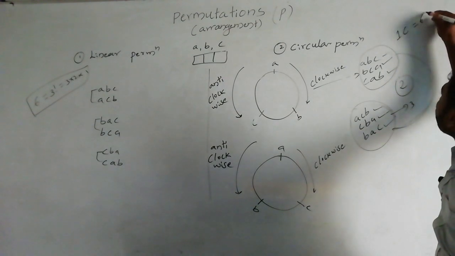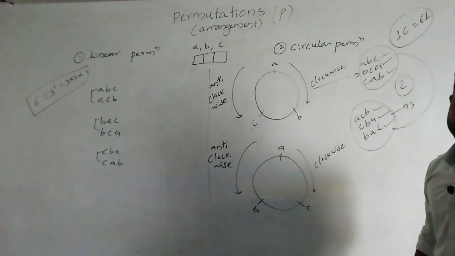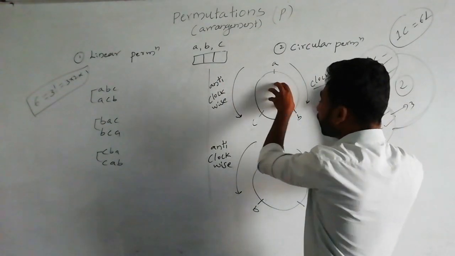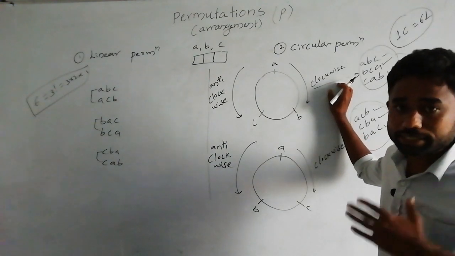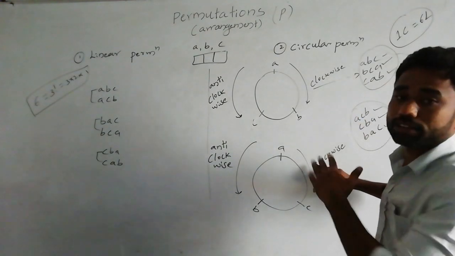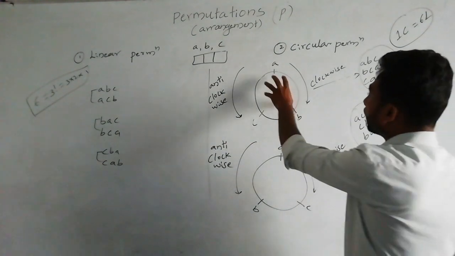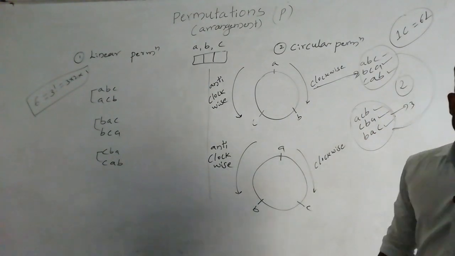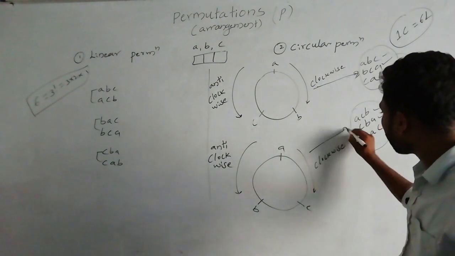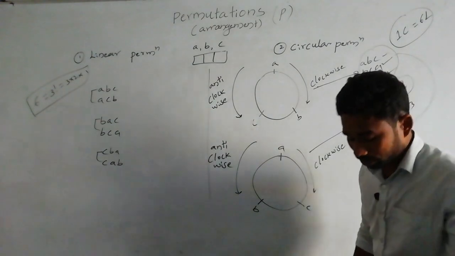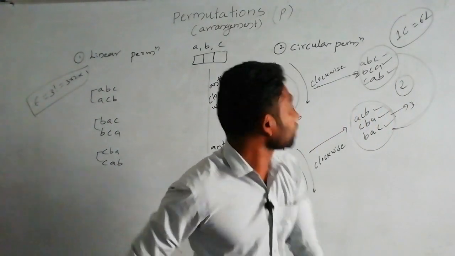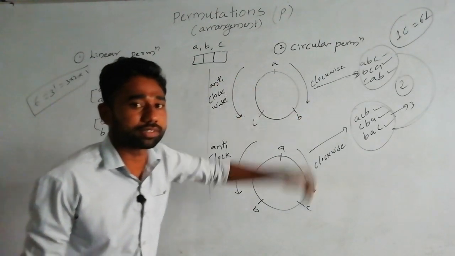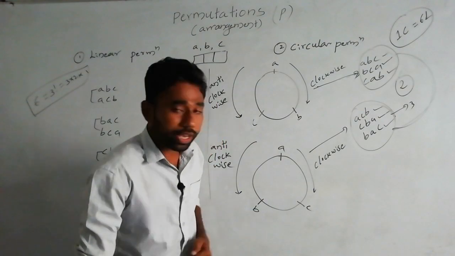But generally, taking clockwise and anti-clockwise separately, one circular permutation is equal to 3 linear permutations. So we have to observe this in linear permutations and circular permutations. I hope you understood this.